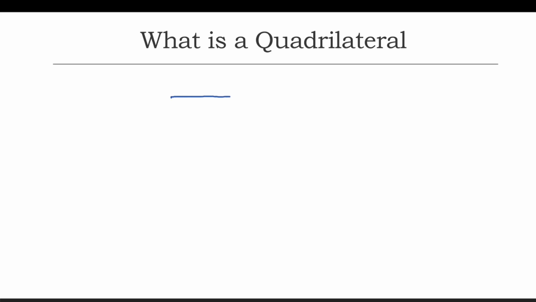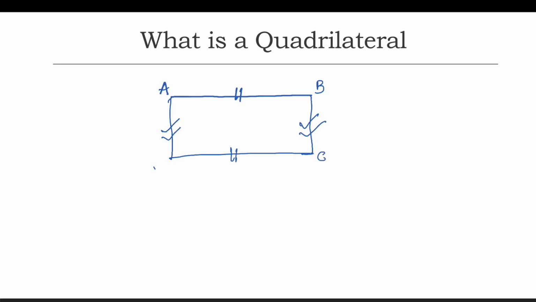For example, these two sides are parallel, right? So this side is parallel to this side. This side is parallel to this side. So this is a parallelogram. But in addition to the sides being parallel, the angle is also 90 degrees.